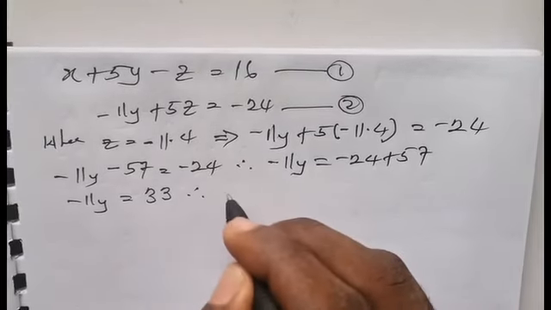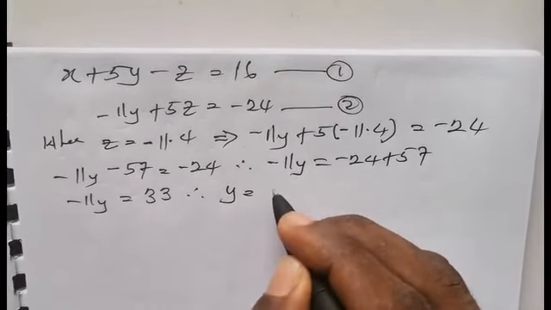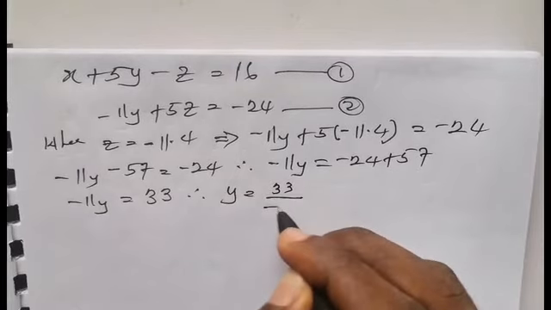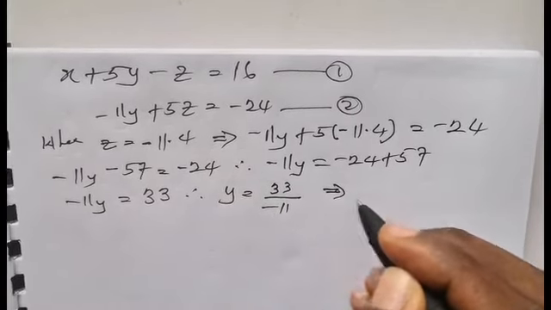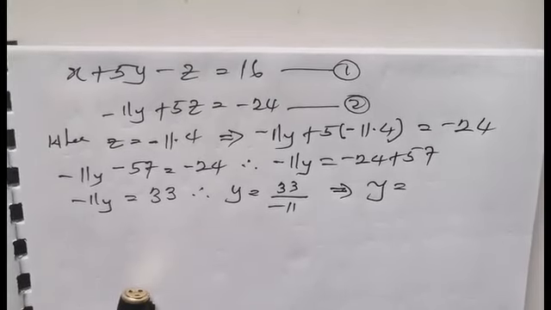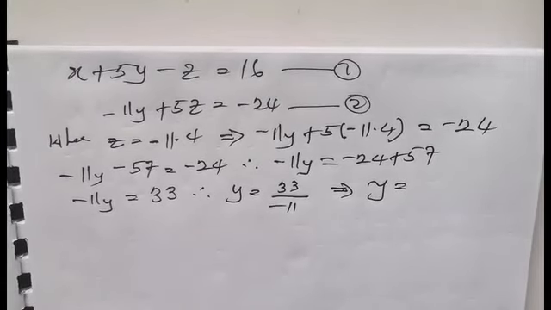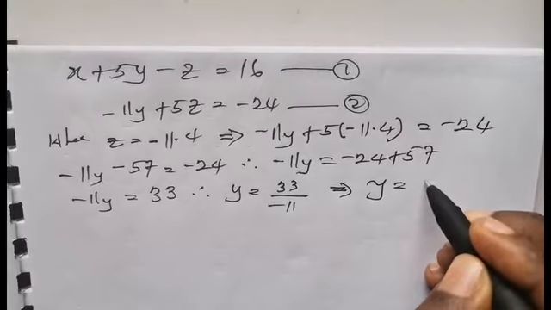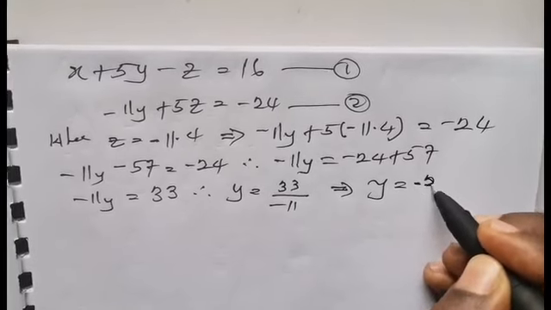And therefore, y is simply 33 divided by negative 11. This implies that y is equal to negative 3.